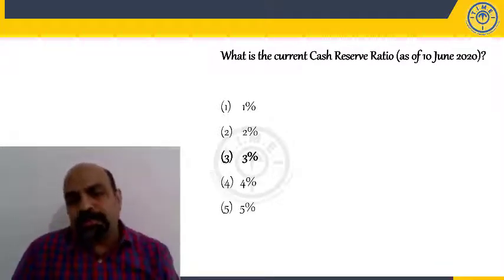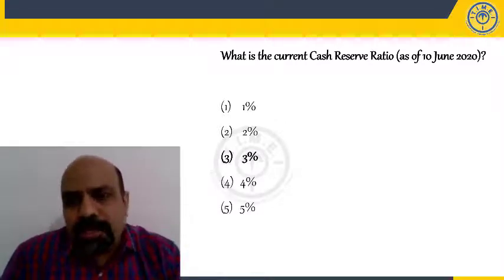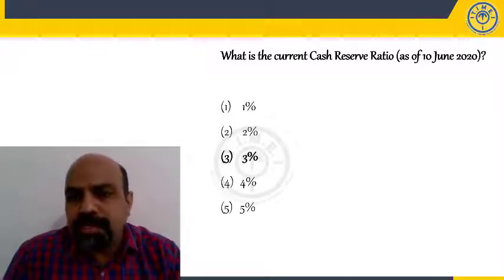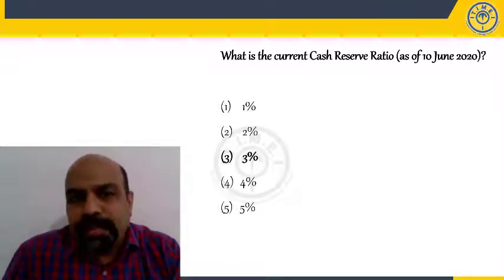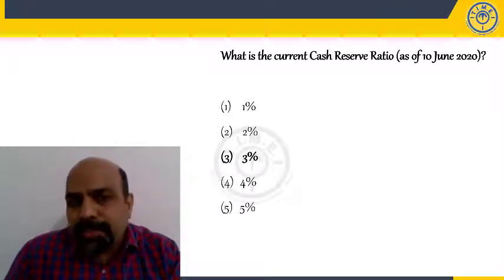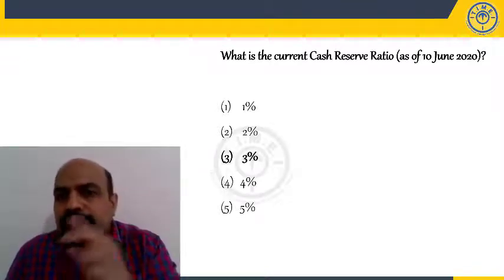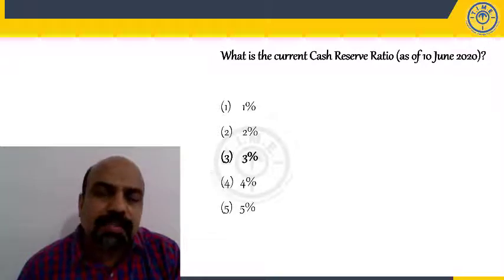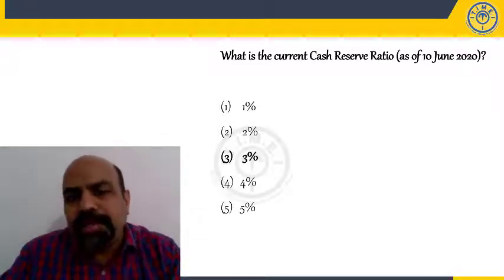Next point: decrease in CRR, dash, increase in money supply, dash, decrease in interest rates. Decrease की जगह fall भी लिख सकते हैं, fall in interest rates.